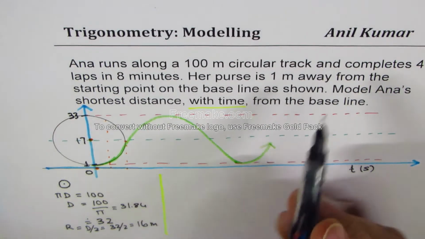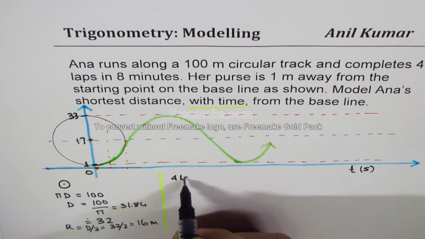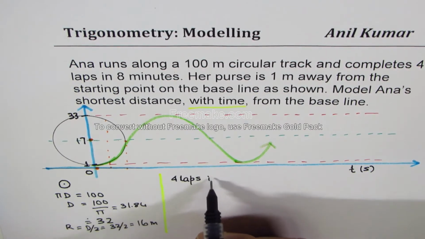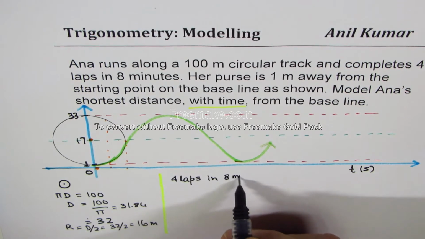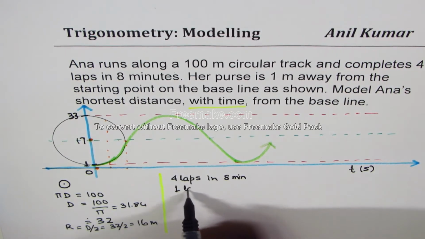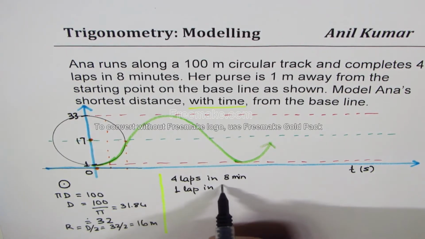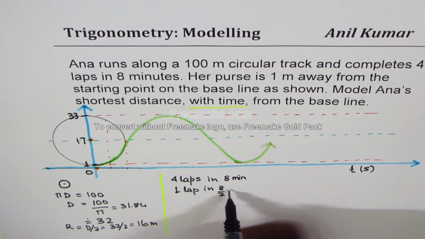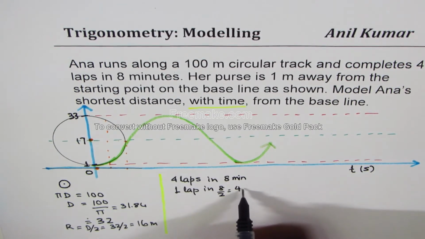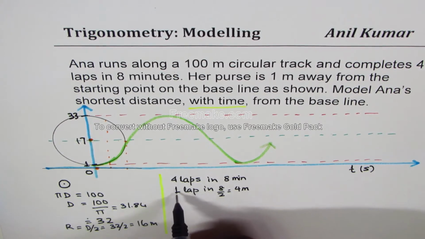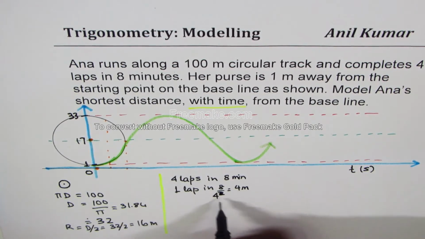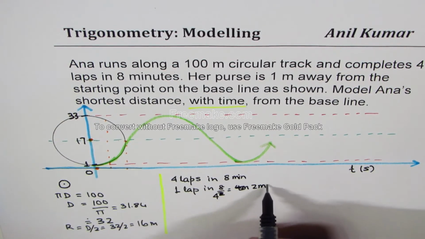So what we are given here is 4 laps in 8 minutes. So 1 lap is 8 divided by 4, which is 2 minutes. Perfect.